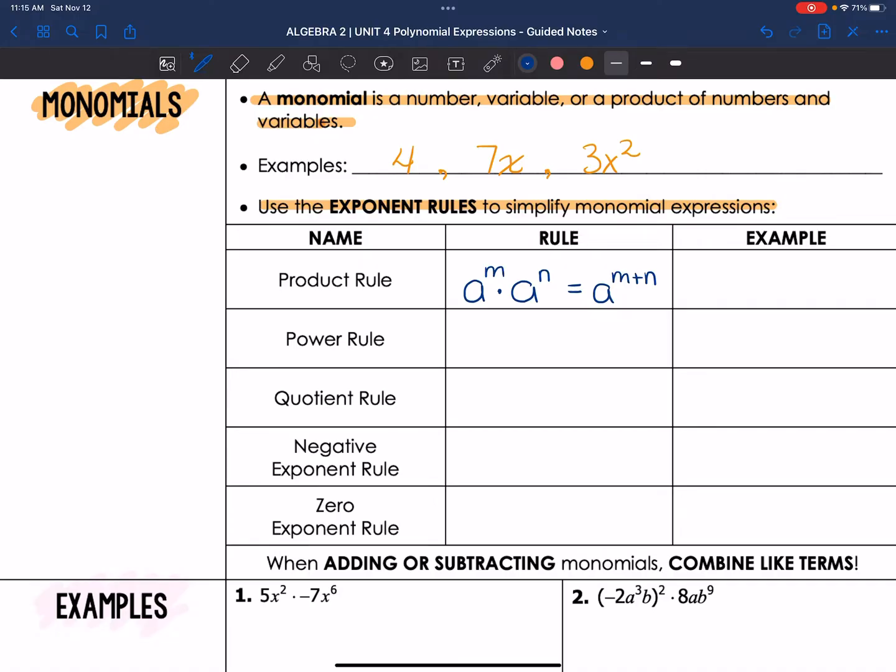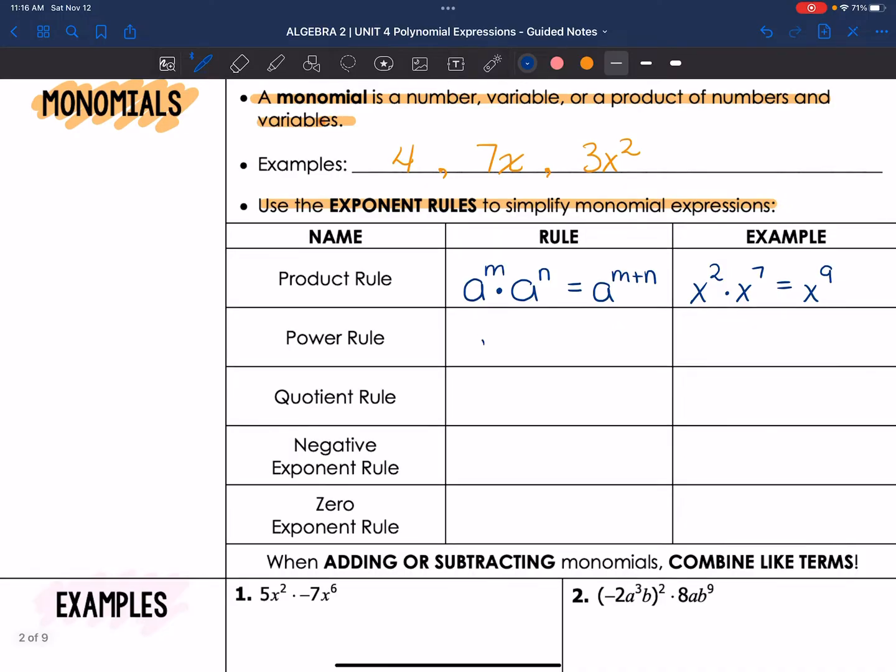So if we had x squared times x to the 7th, then that would be x to what power? Well, by adding them together, that gives us 9. So the product rule says if you're taking the product, meaning multiplying, the same bases, you add the exponents.